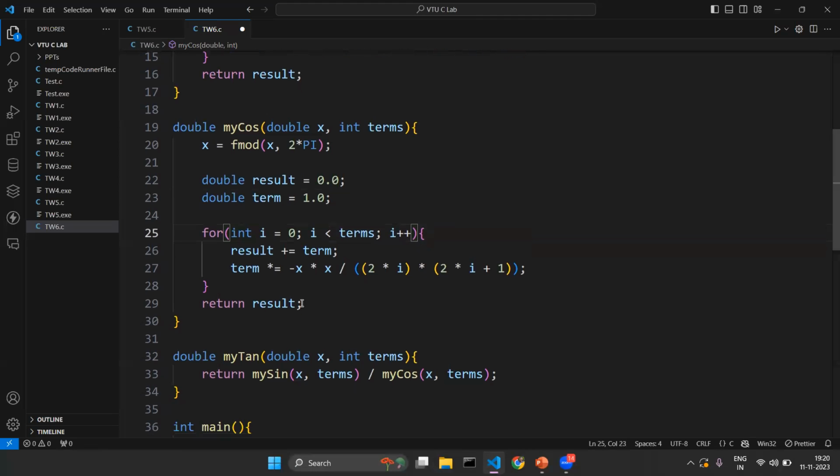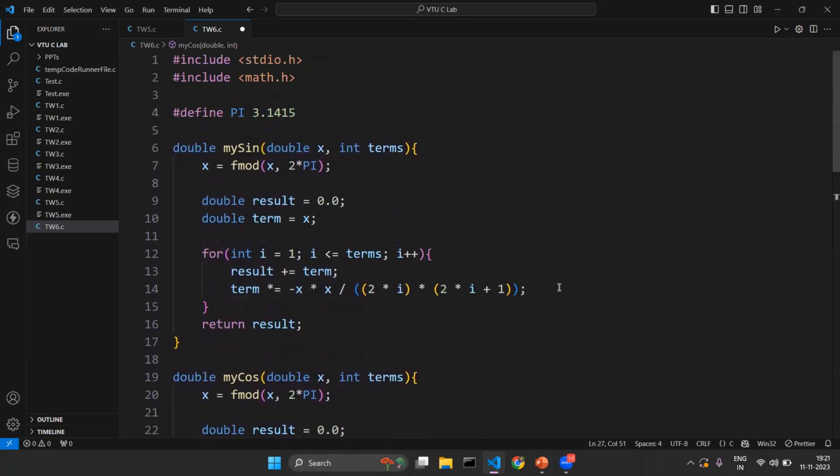And result plus equal to term, term into equal to minus x into x divided by, here 2i into 2i plus 1 gives us the odd numbers. How to get the even numbers? 2i plus 2 into 2i plus 3. That's it.